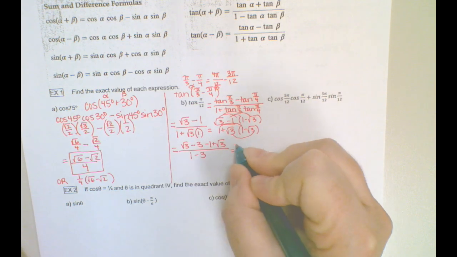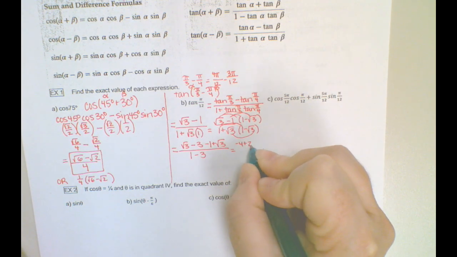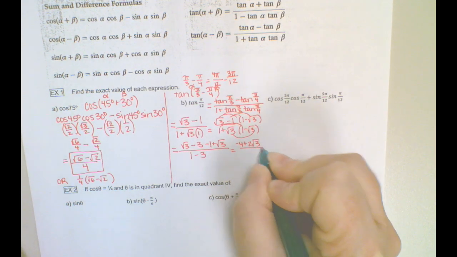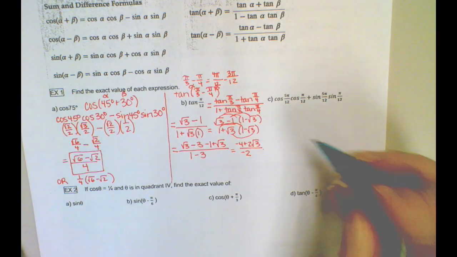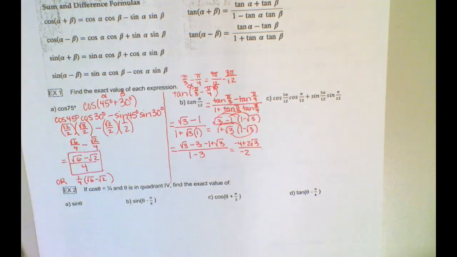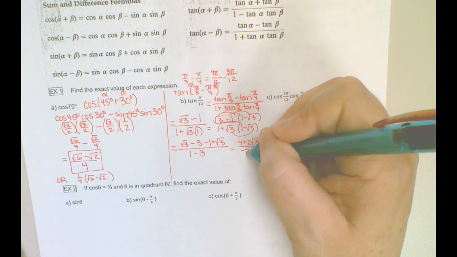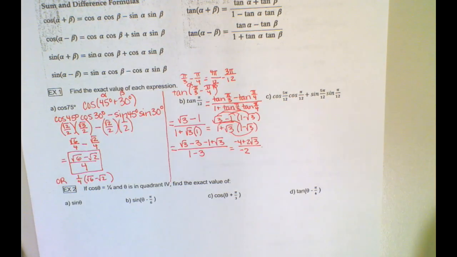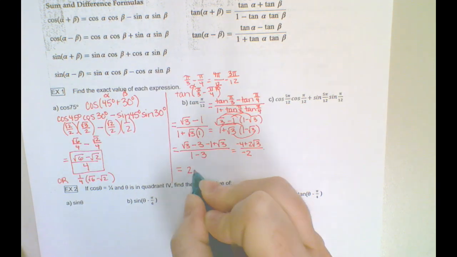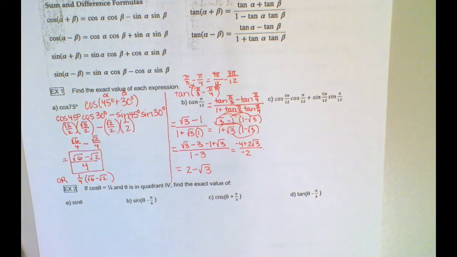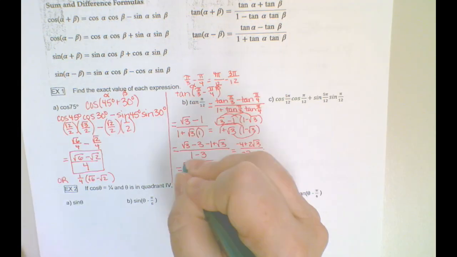So that gives me negative 4 plus 2 radical 3 in the top. And in the bottom, that gives me negative 2. And then I can actually divide because both of these terms are evenly divisible by negative 2. So that gives me positive 2 minus radical 3 for my final simplified answer.